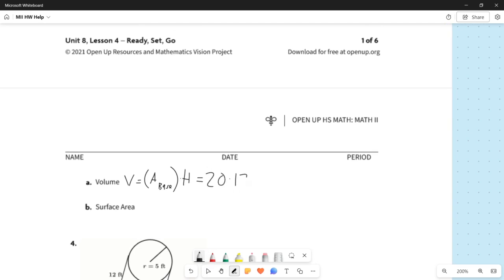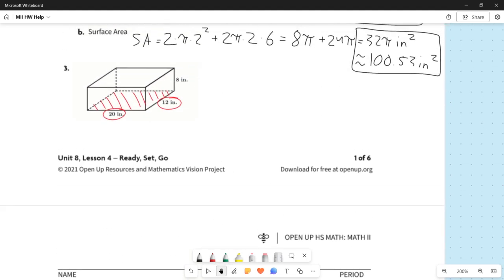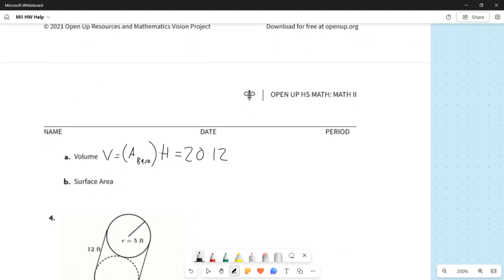And then the height of my prism is the distance between the bases. It's my third dimension, which is 8, because we're talking about that distance right there. So we're going to take the area of the base and multiply by 8.